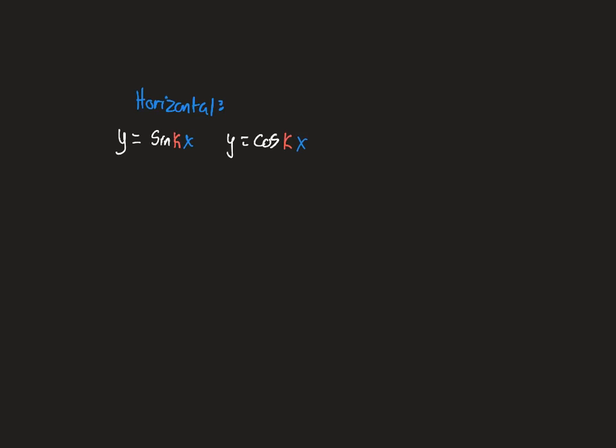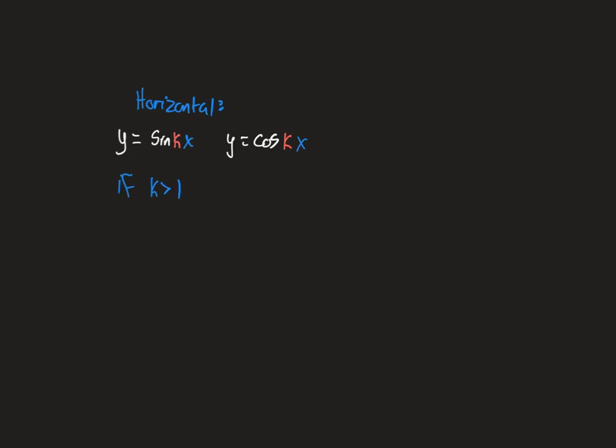Okay? If k is greater than 1, now, just like how we looked at it before, you guys remember when we did horizontal stretches and compressions, we always recognized that they happened in a mirror image of each other.